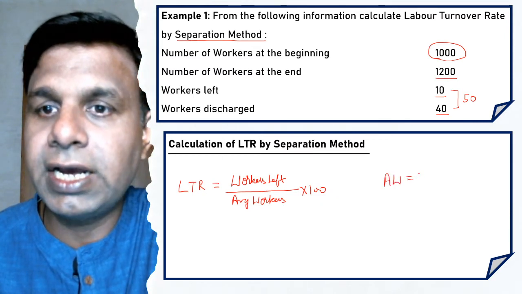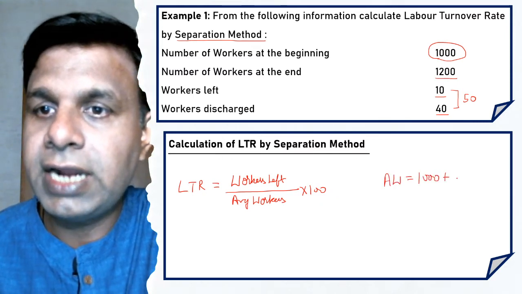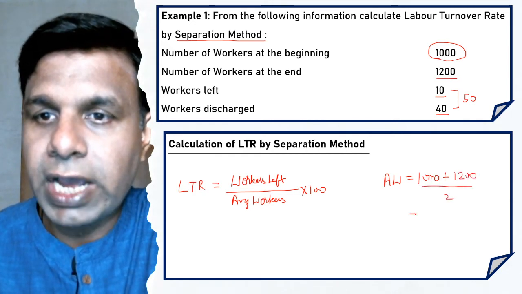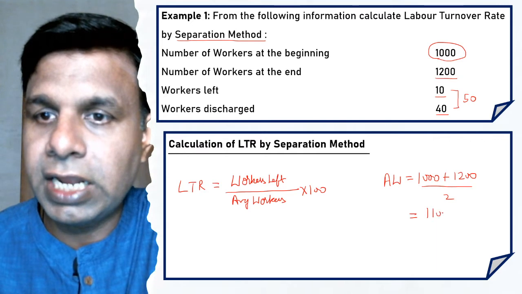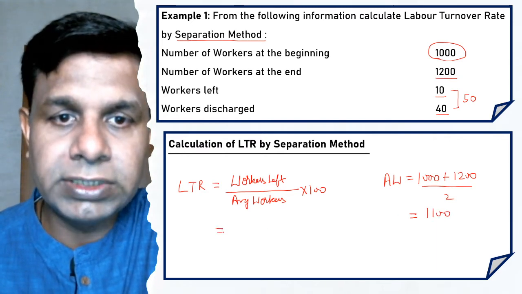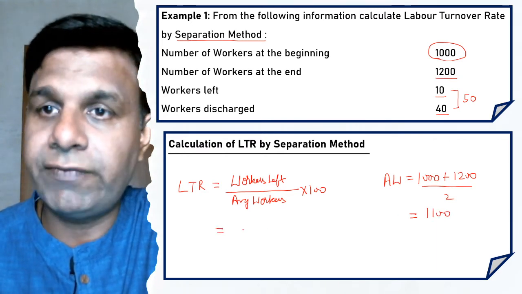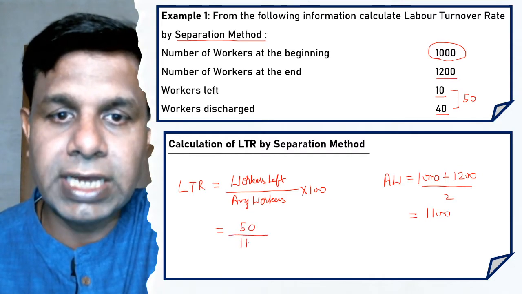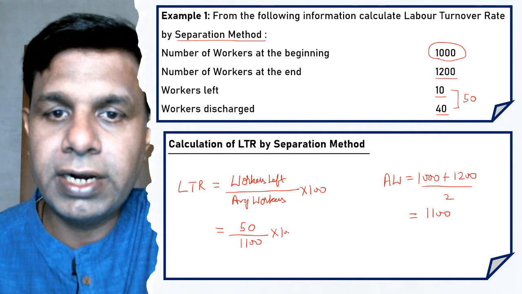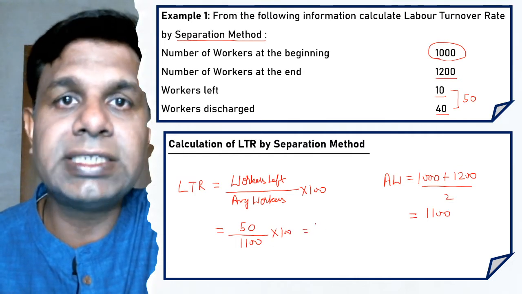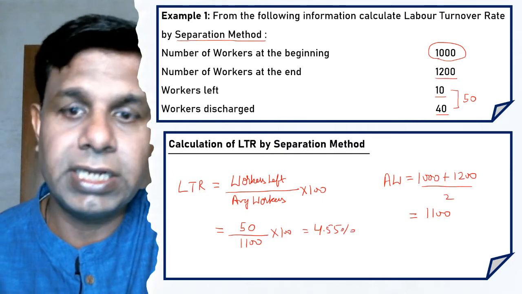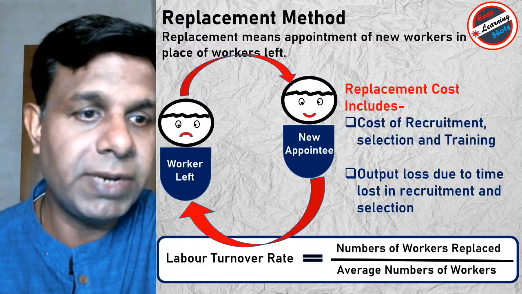Workers in the beginning are 1000, and at the end they are 1200, divided by 2. So average workers here are 1100. Now we put values in this formula. Workers left are 50, and average number of workers are 1100, into 100. So labor turnover rate under separation method is 4.55%.